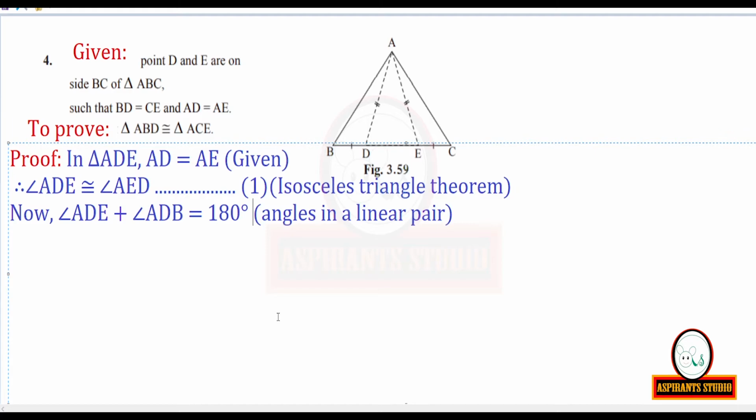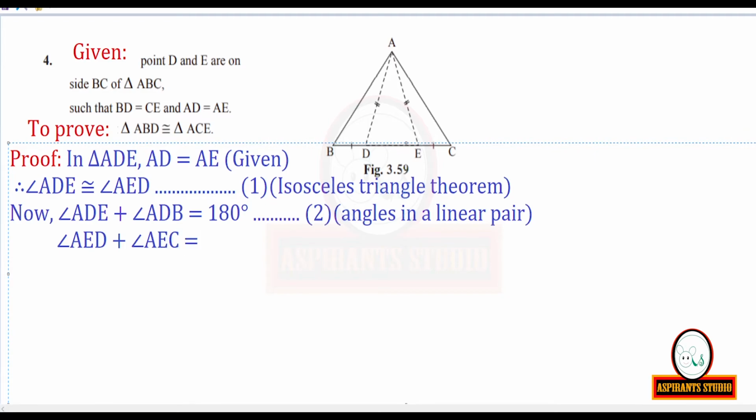Therefore, measure of angle AED plus measure of angle AEC will be equal to 180 degrees. Take this to be equation number 3.